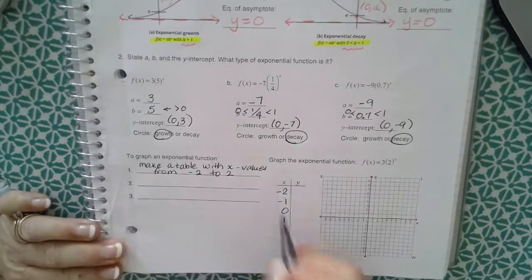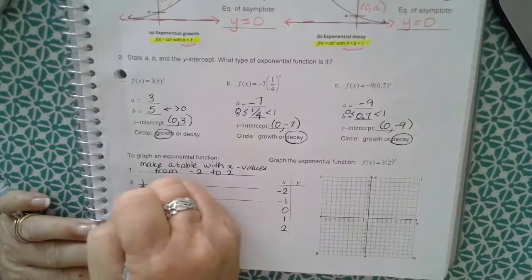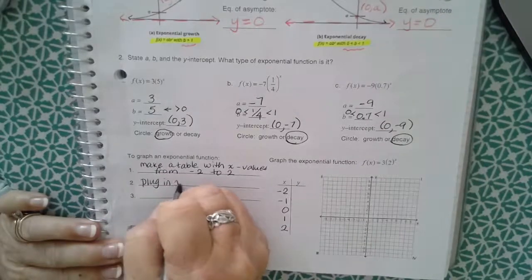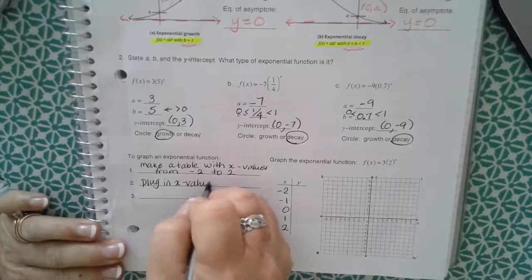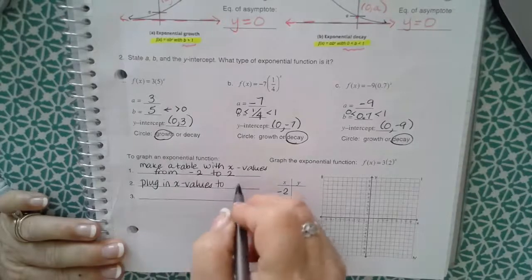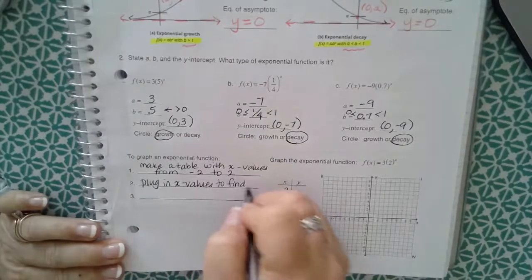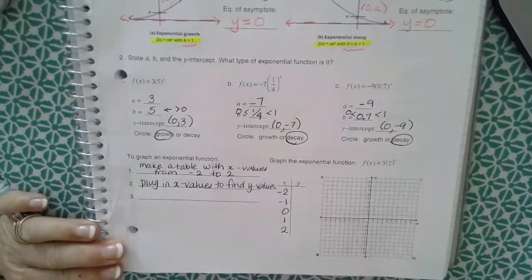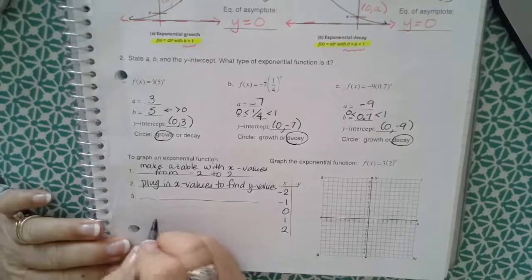Next, once we have our x values, all we have to do is plug in our x values to find our y values. I'm going to start with one at a time.